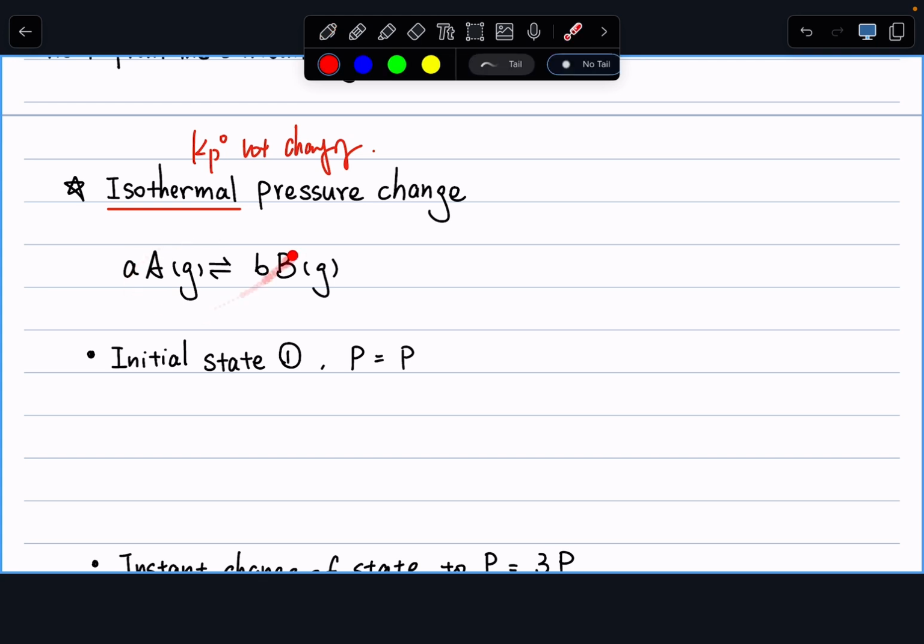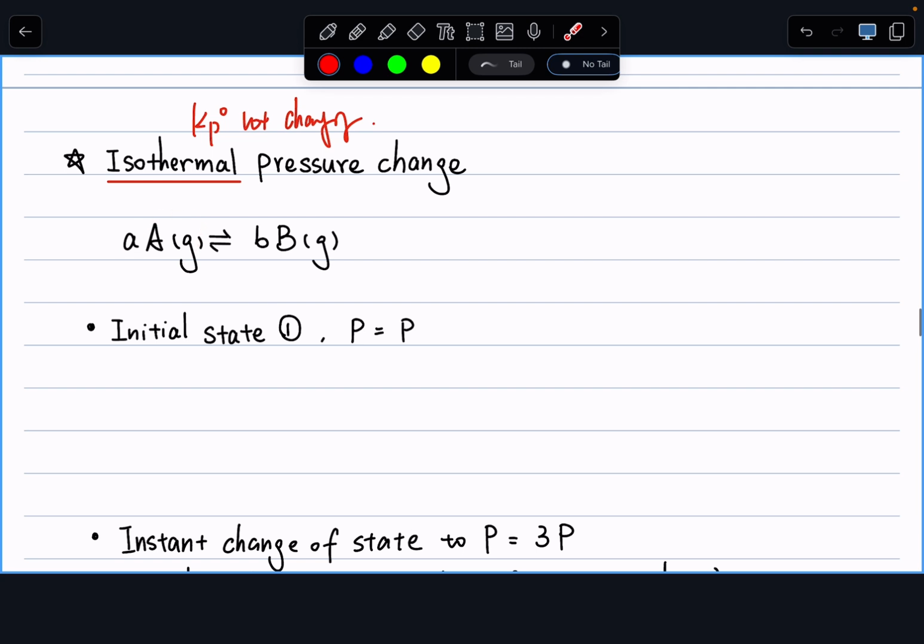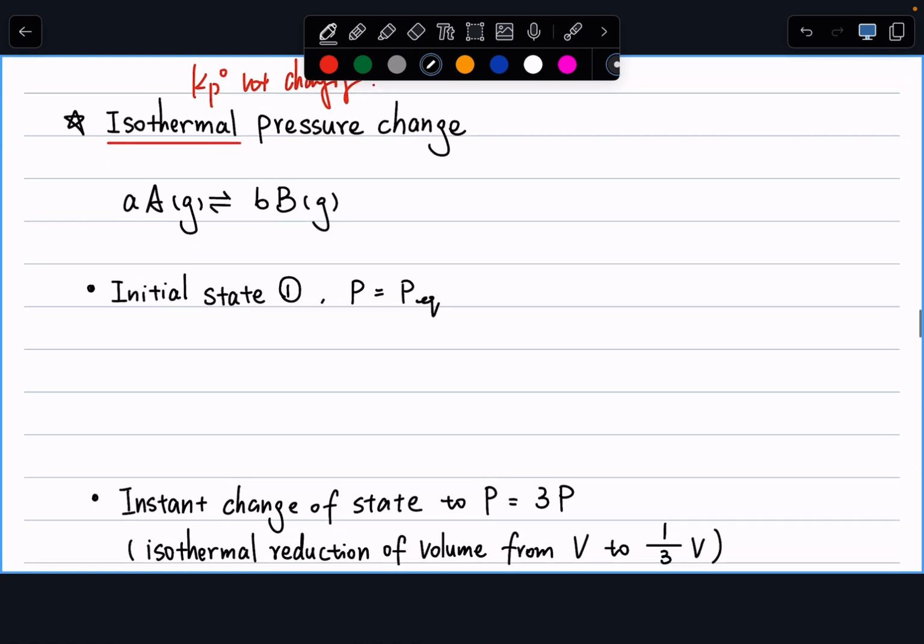The example we're using here has a stoichiometric coefficient a in front of A and b in front of B. Let's say in our initial state, we have P equals P equilibrium, and then in our final state, we make a sudden change of state so that the pressure is tripled.